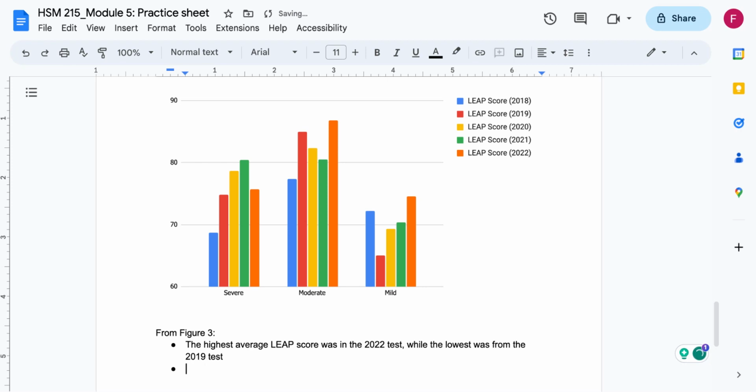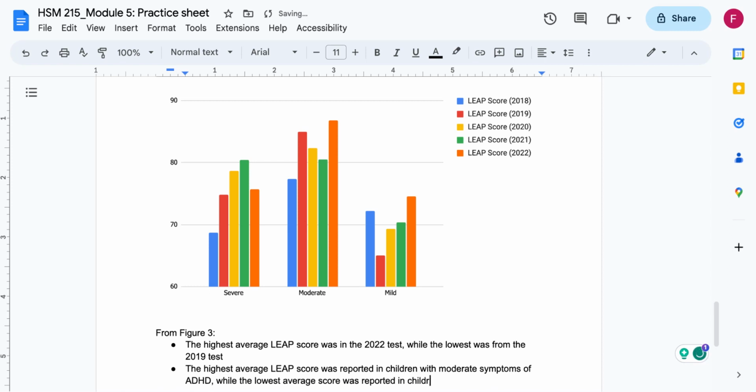And we can see here that the highest average LEAP score was reported in children with moderate symptoms of ADHD, while the lowest average score was reported in children with, this is the lowest, so this would be mild symptoms of ADHD.